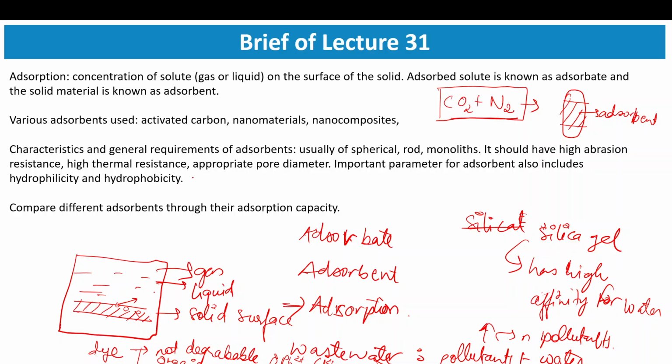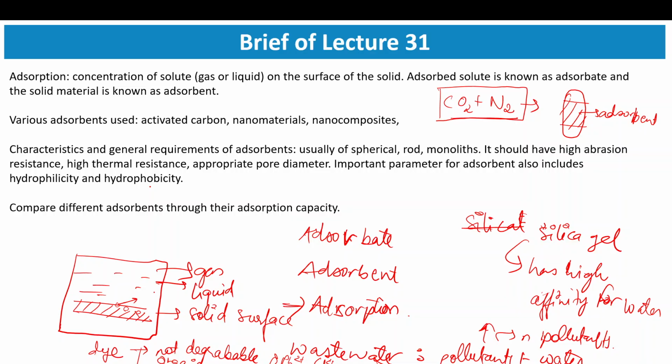Their structure might also have different porous structure, so pore diameter plays an important role, as do hydrophilicity and hydrophobicity. So all sorts of parameters you need to take care of, and they affect the efficiency of the adsorbent. While choosing any adsorbent, first you need to look into what pollutant you want to remove.